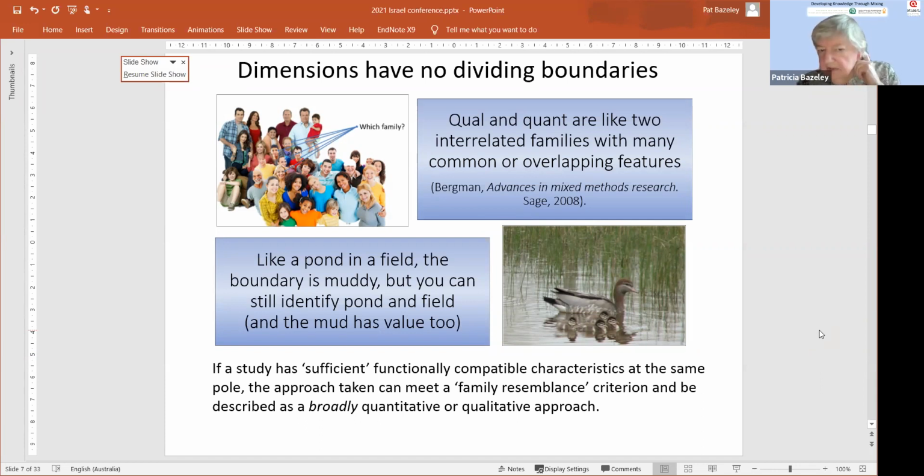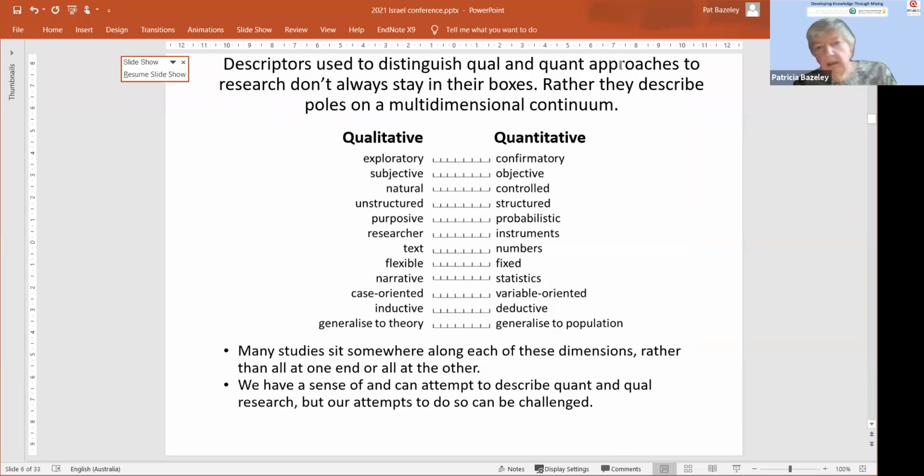If a study has sufficient functionally compatible characteristics at the same pole, then the approach taken can meet a family resemblance criterion and be described as broadly qualitative or quantitative. So if I just skip backwards and imagine your 40-odd characteristics, the problem is how many is sufficient.